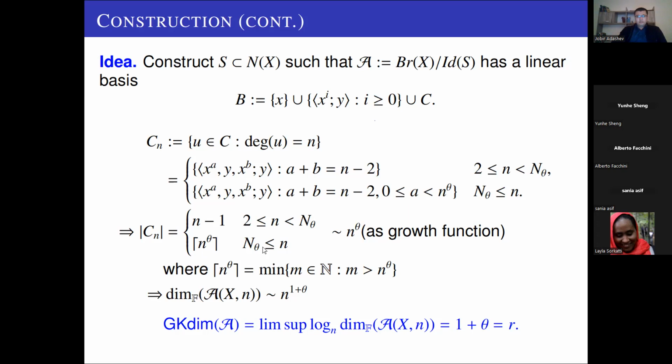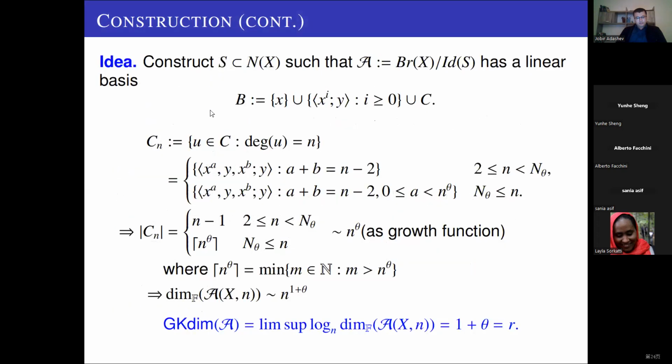When n is big, each is equivalent to n to the power theta, so the sum is equivalent to n to the power 1 plus theta. As a result, the GK dimension of the quotient algebra A is just 1 plus theta, that is R, as desired.